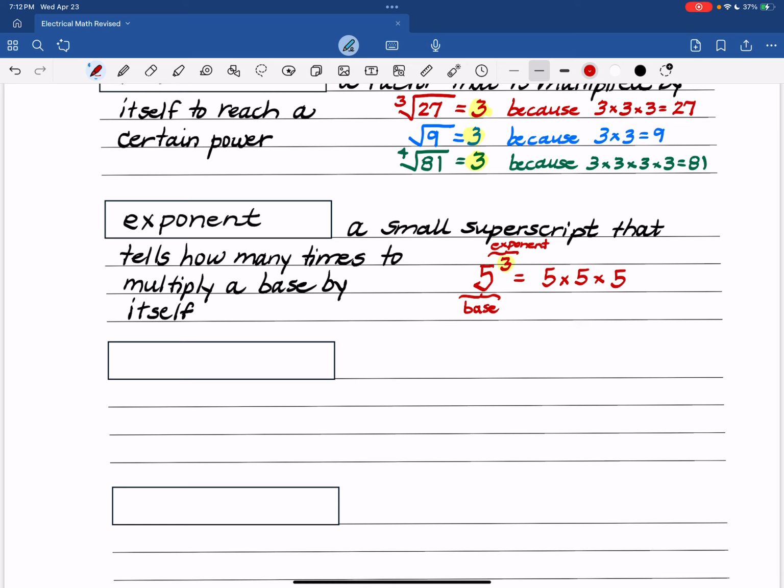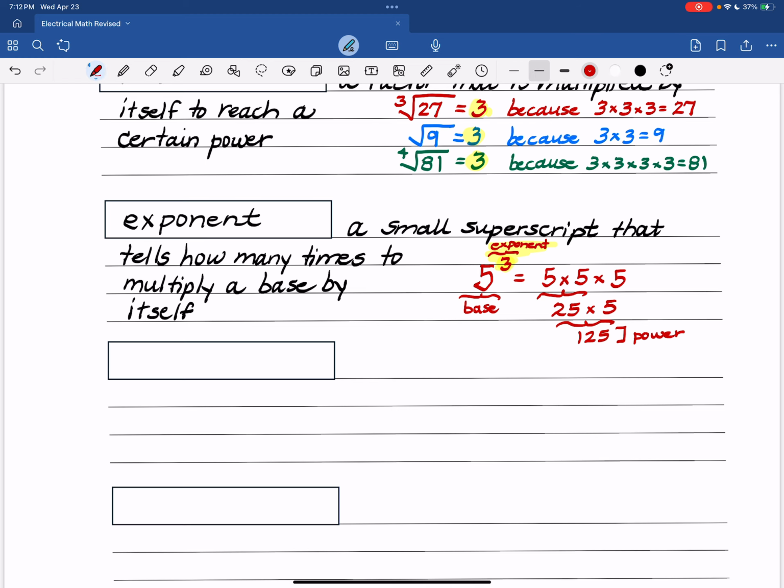The exponent tells me how many of those bases to write down, and then we multiply. And do you remember what this number is called? This number is the power. So base, exponent, and power go together.